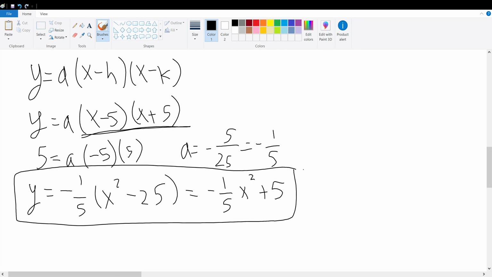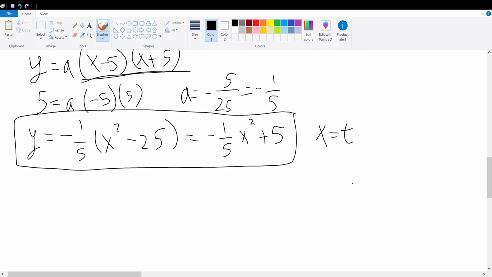Therefore, we must give it one by giving it a parameter defined by t to variable x, likewise to the terrorist, which can be rewritten as y is equal to -1/5 multiplied by t squared plus 5, with t's range being between the airport or your point 5 and -5.